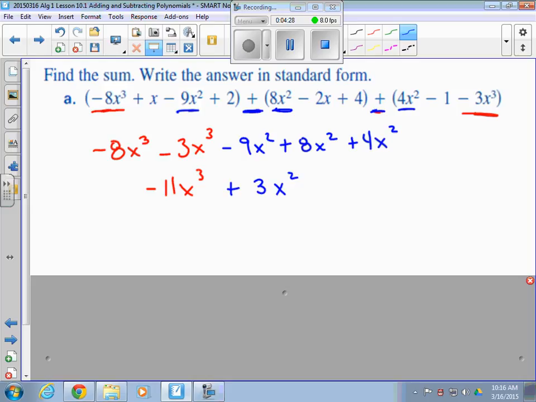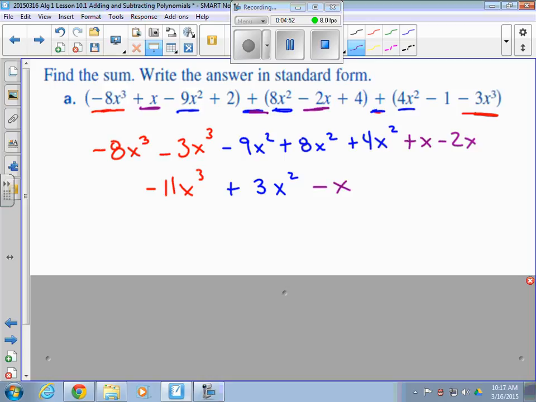After that, go to the next biggest degree, x to the first power, and that'll be x, so positive x, plus negative 2x, which plus a negative means minus 2x. And then there's no x to the first power in the last polynomial. So x minus 2x is going to be negative 1x.